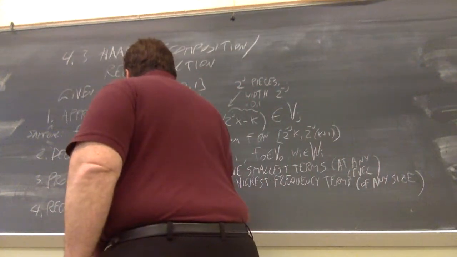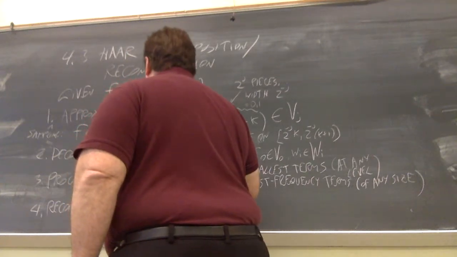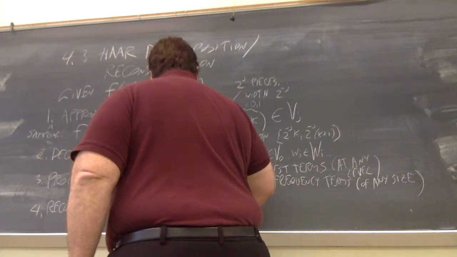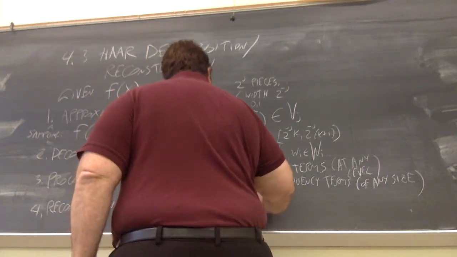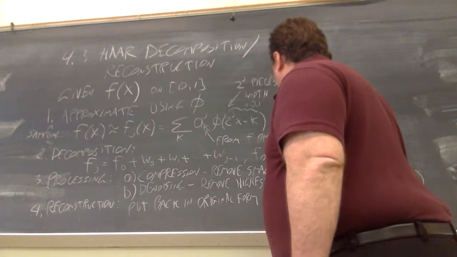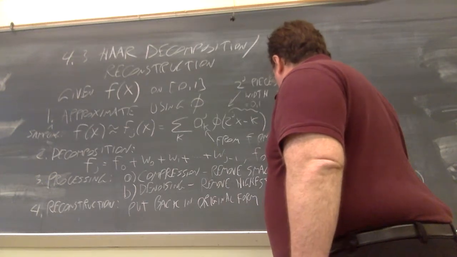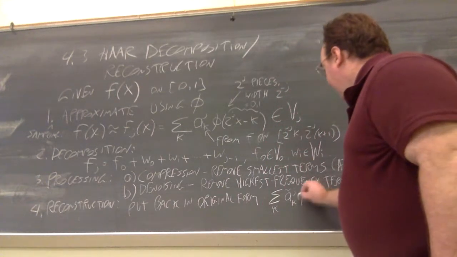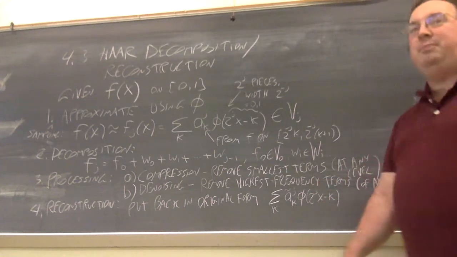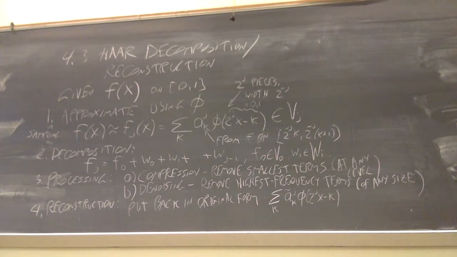So now you want to put it back in original form, a linear combination like this, and I'm going to call these coefficients AKJ tilde, just to indicate that they've likely been modified. Well, surely some must have, or why do anything? Okay, so this is a nice signal processing framework using wavelet analysis.